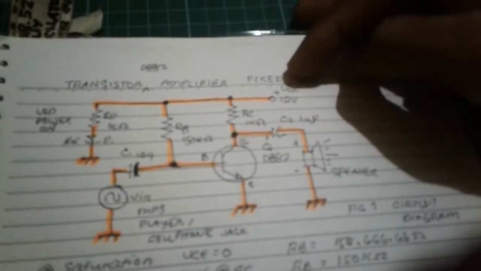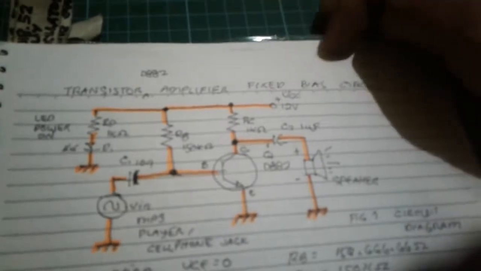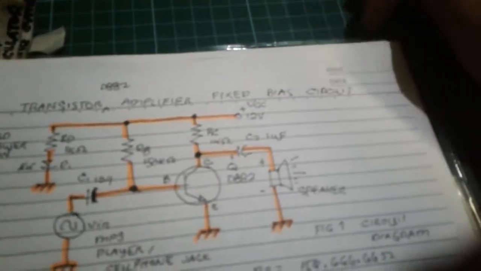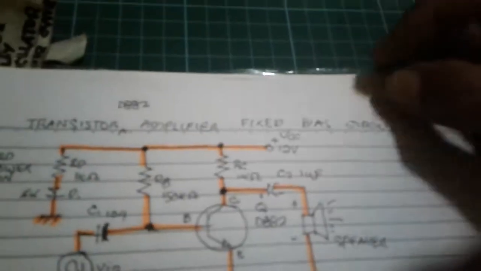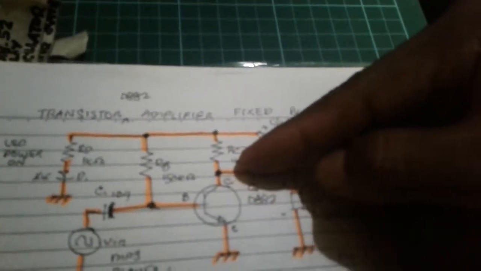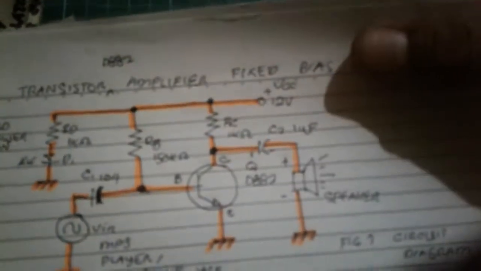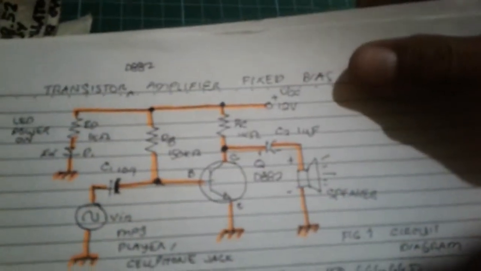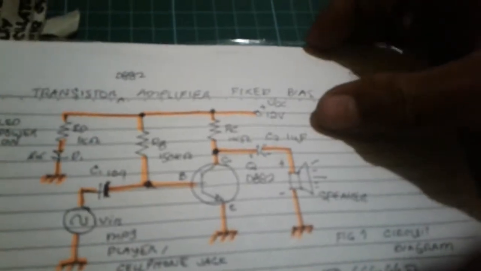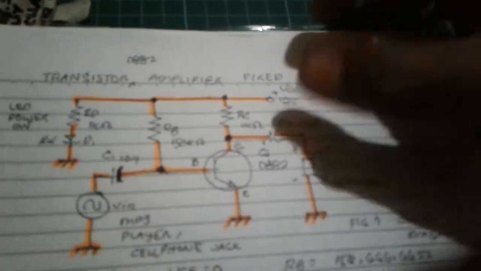First, we're going to calculate the values of the resistor here. This is a transistor fixed bias circuit. Here, our load resistor RC, we're using arbitrary values. I choose the 1 kilo ohm value.